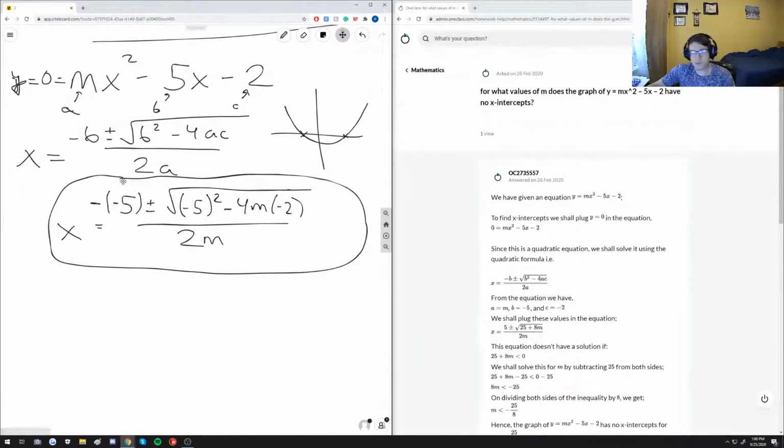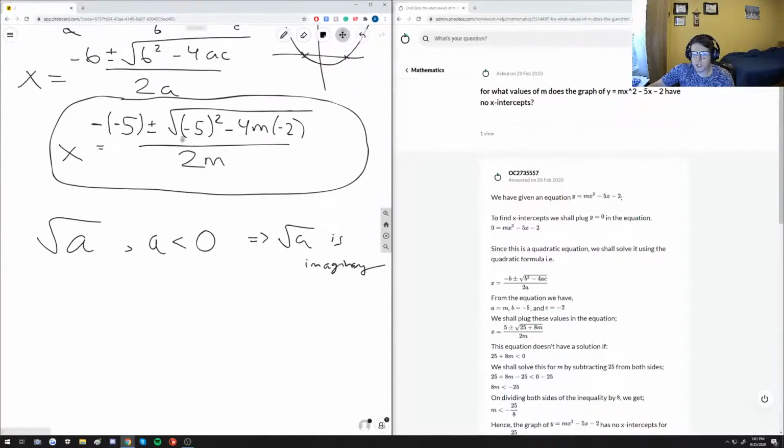We know that whenever we have some number a, and a is less than 0, then the square root of a is imaginary. So if we apply this to the square root in the quadratic equation, we have to make sure that what's inside of the square root is less than 0, because then we get an imaginary root.